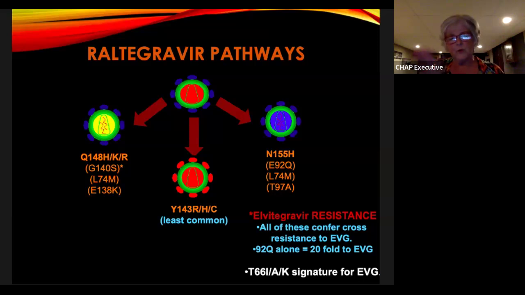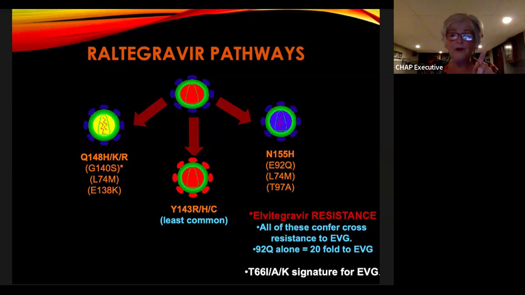If you look at the one on the right, the N155H pathway tended to predominate in early raltegravir failures, but it was quickly followed by the other pathway, the yellow one, the Q148HKR pathway. N155H alone does not appear to affect the second generation integrase inhibitors at all.